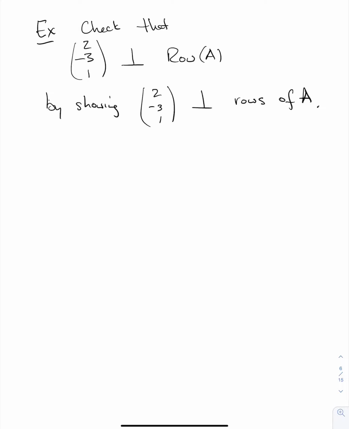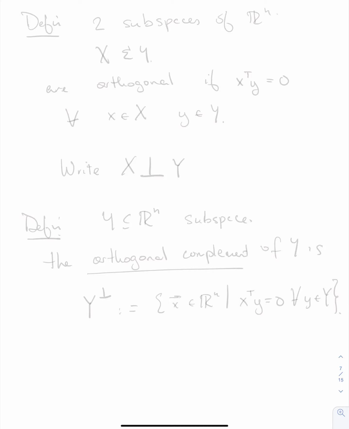Let's talk a little bit more about this term orthogonality. This is actually a precise thing. And depending on how far we get, we might revisit this many, many times.